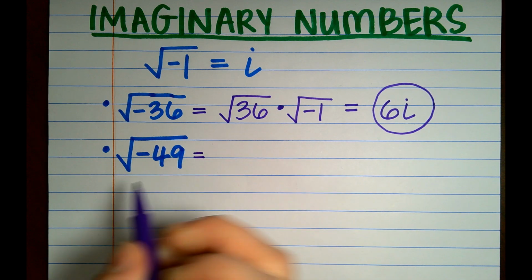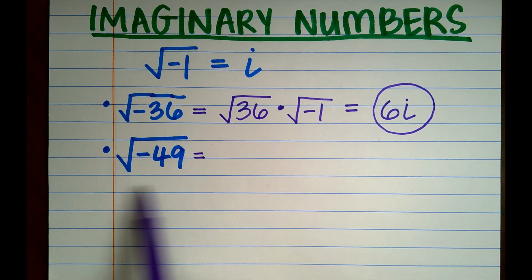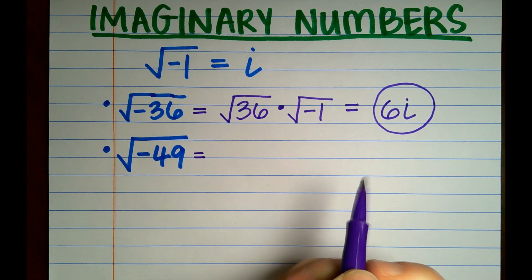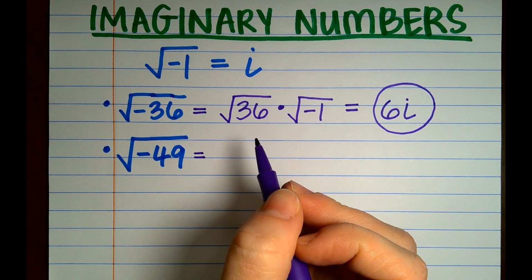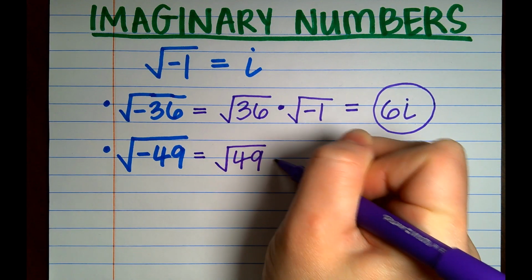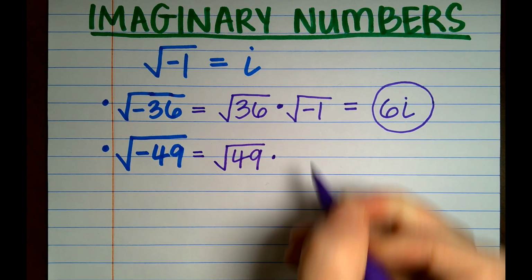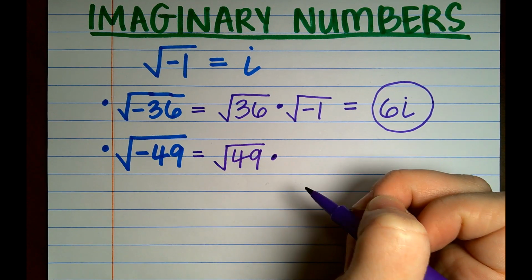So we need to break this one up as well. Just like the problem above, how would I break up the square root of negative 49? Equal to the square root of positive 49. Yes, the square root of positive 49. And then that imaginary, yes, absolutely.